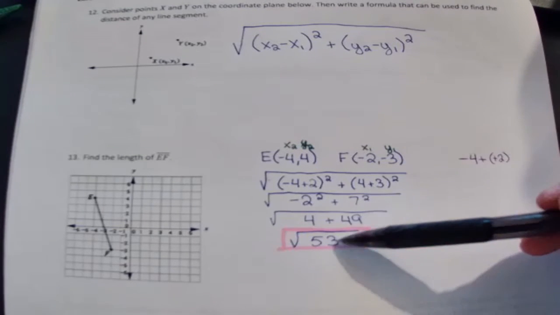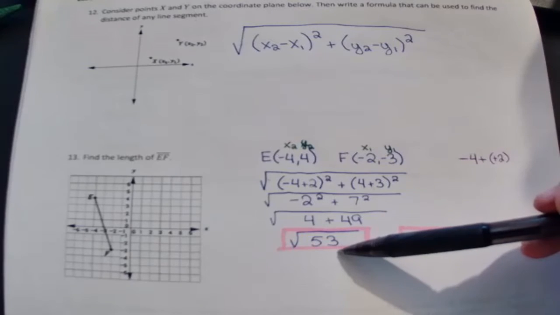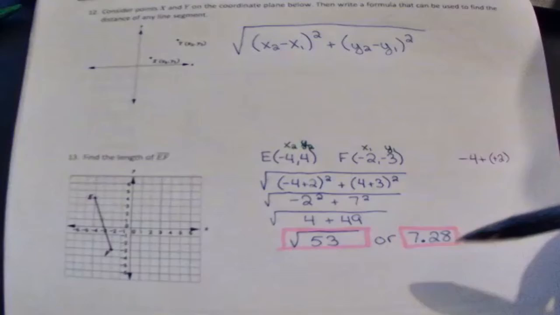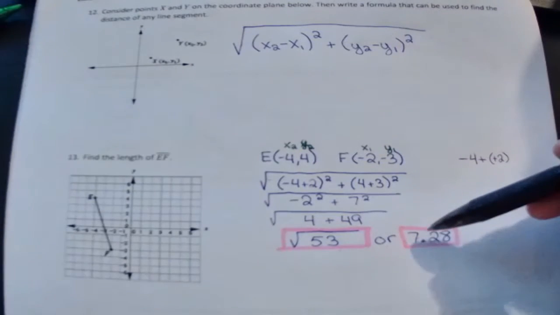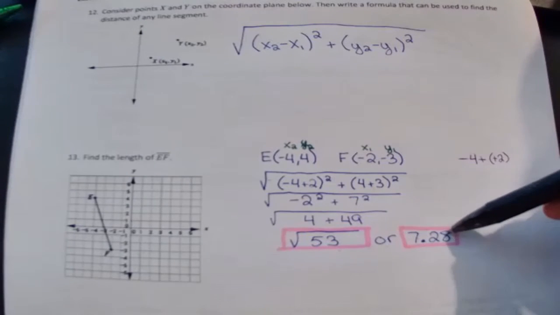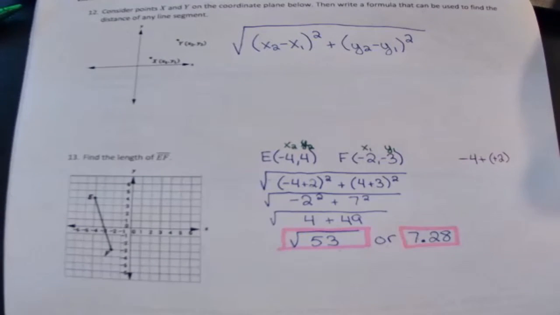But now when I add them together, I get the square root of 53. Now I can leave my answer like that, or actually put it in the calculator and get a decimal answer of 7.28. Both answers are acceptable.